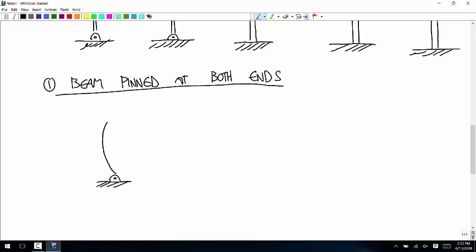When it buckles, and this is exaggerated because we can't have big deviations from vertical for our assumptions to hold, the angle isn't constrained here or here.